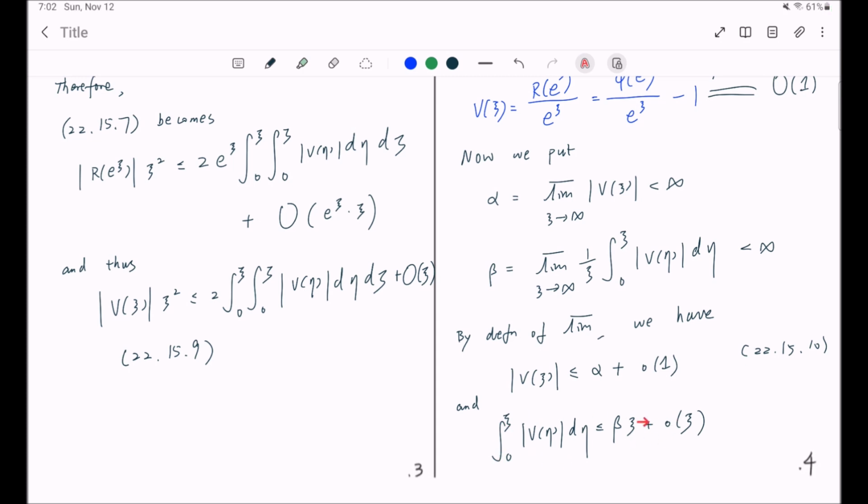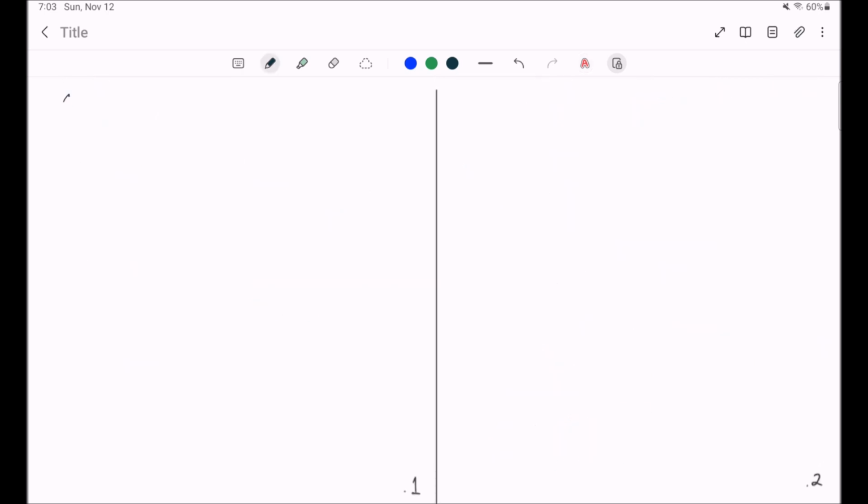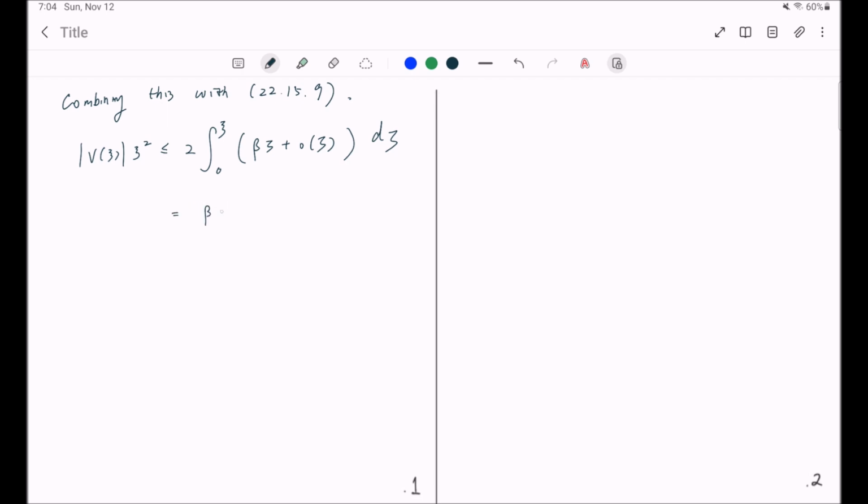Now, if we plug this back to here, and note that this zeta will play the role of psi here, we will get the absolute value of v of psi times psi squared less than or equal to twice the integral from 0 to psi, where the inner thing will be replaced by beta times zeta plus little o of zeta d zeta, which upon integration is beta times psi squared, because the antiderivative of psi is psi squared divided by 2.